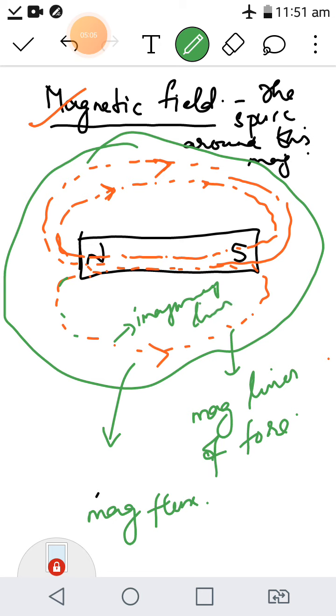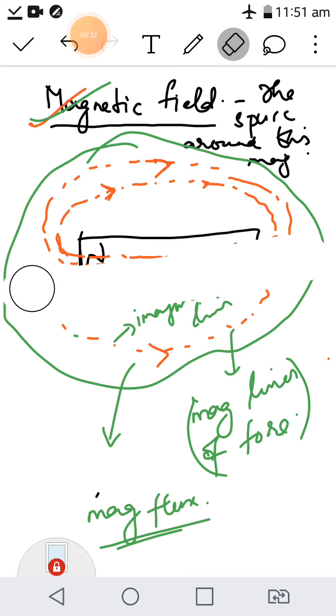Just for analysis or easy understanding, we assume that we are drawing these lines. Actually they are not physical, but we can feel the presence. When you keep a magnet, we can definitely feel the presence, though we cannot see the lines. Okay, so we learned three terms: magnetic field, magnetic lines of force, and magnetic flux.